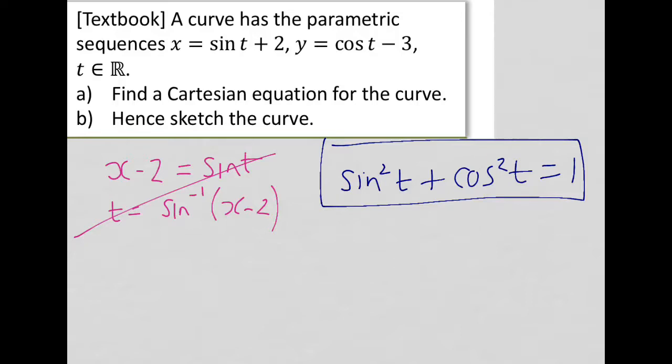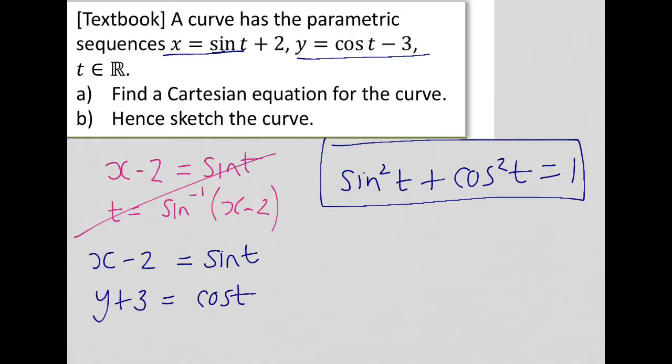So if I now rearrange both of these, I could write x subtract 2 equals sine t and y add 3 equals cos t. They are my two rearranged functions, which I can then substitute into my trigonometric identity.